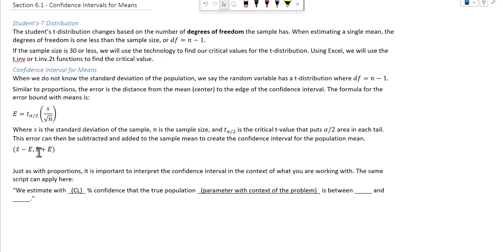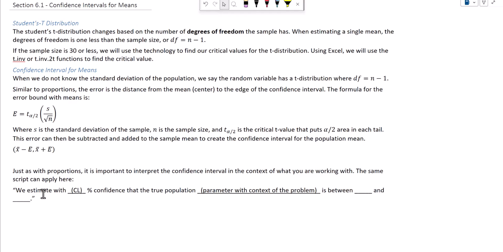Because we're trying to make a confidence interval that contains the mean, we take x bar and subtract the margin of error for the low side, and x bar plus the margin of error for the high side. These are the upper and lower limits of where, with whatever confidence we choose, we're that confident that the true mean for our population is in there.